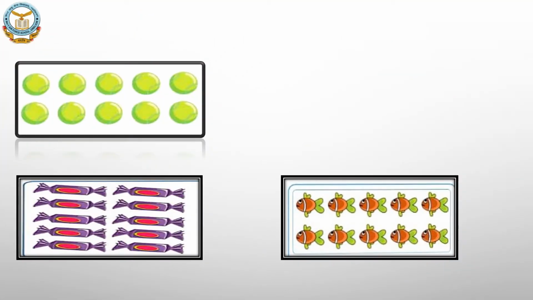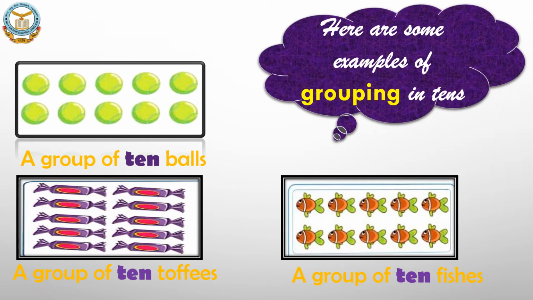Here are some more examples of grouping in tens. In this slide, I am going to show you how to make a group of tens with the help of these pictures. So let's move to picture 1. In picture 1, some balls are arranged in a group of 10. When you count the number of balls, they are 10 in number but arranged in one group.